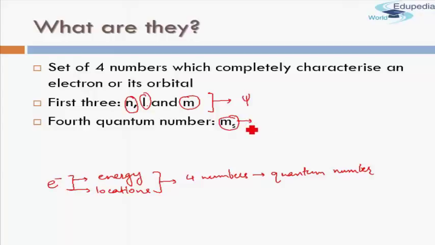So to understand what quantum numbers might mean, let's assume that you live in a house. That particular house will belong to a certain colony or a certain area, and that colony or area will belong to a certain city or town or village.